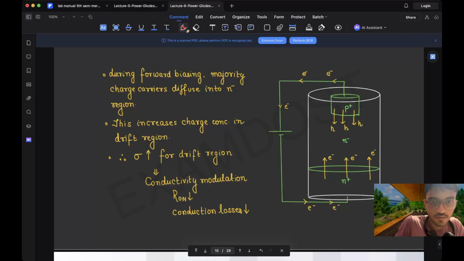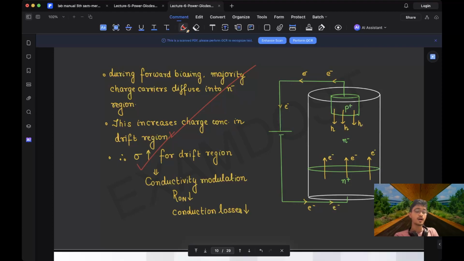Okay, you are forward biasing it. So it would push the holes from the p side and electrons from the n side, and they would accumulate, and obviously charge concentration will increase in the drift layer, and also sigma will be high.